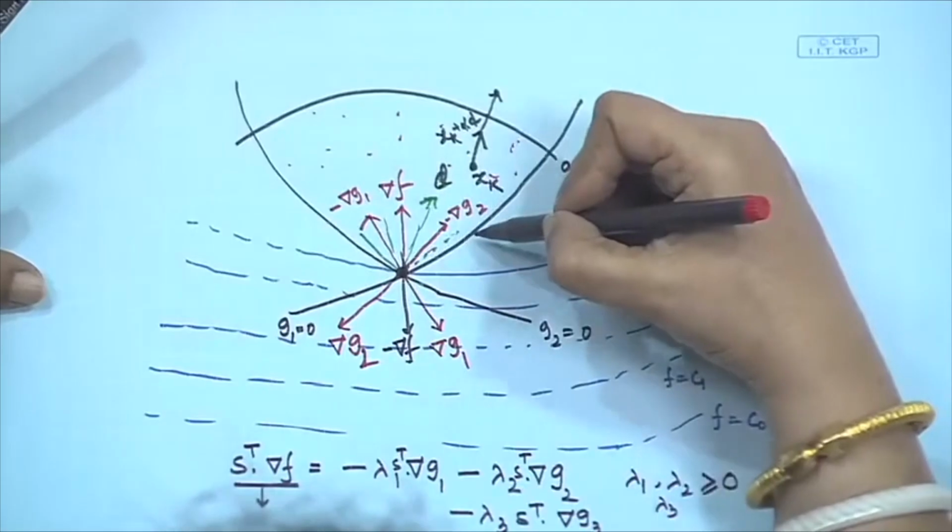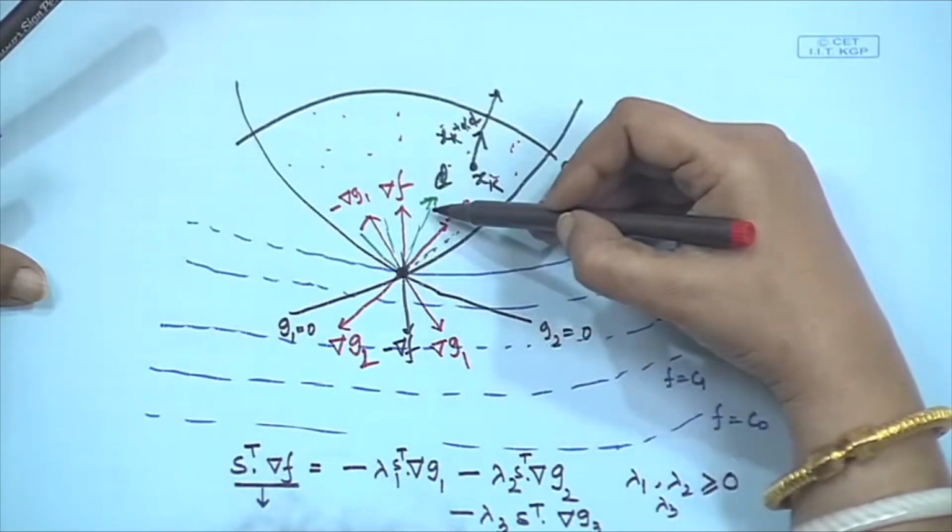Descent direction or ascent direction can be defined with respect to the objective function, but feasible direction can only be defined with respect to the constraint set.